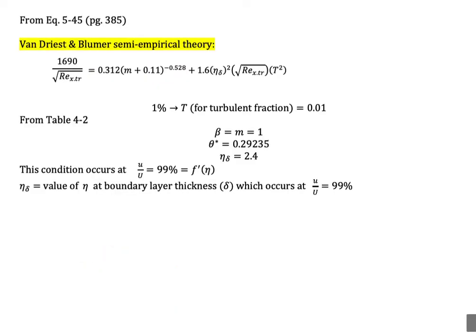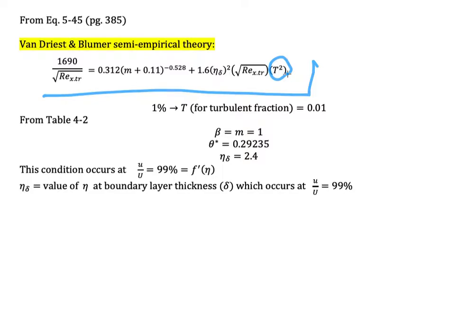To estimate the transition with turbulent intensity, we need to use the equation of Van Driest and Blumer theory. So the equation is like this, and in this equation we have the value of t here. The value of t is actually the turbulent fraction.